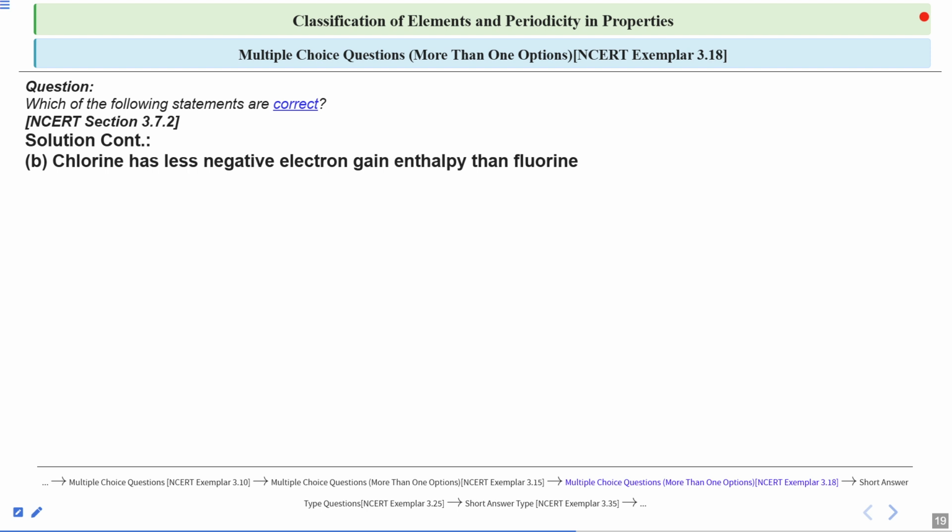So if chlorine is releasing more energy, that means it has a more negative value of electron gain enthalpy as compared to fluorine. Now this sentence is just opposite of that discussion, that your chlorine has a less negative value. Therefore it is incorrect. Now I think it is clear to the students why this statement B is incorrect.